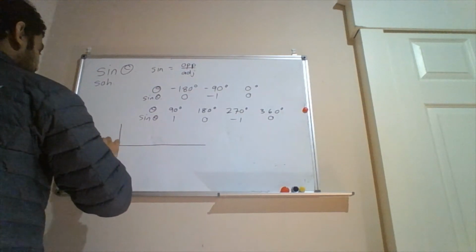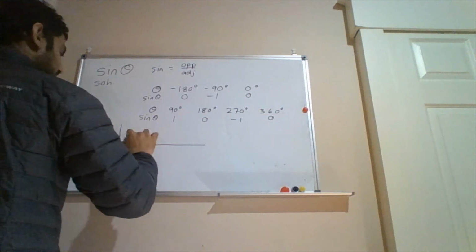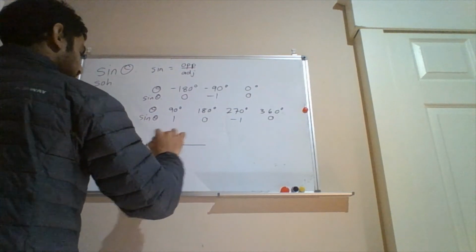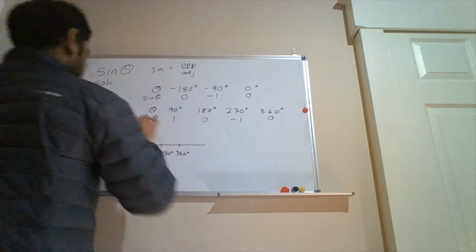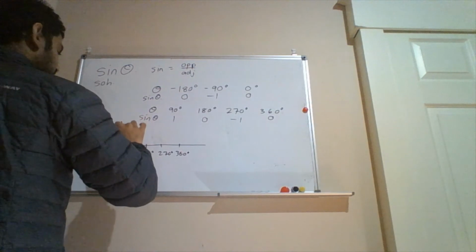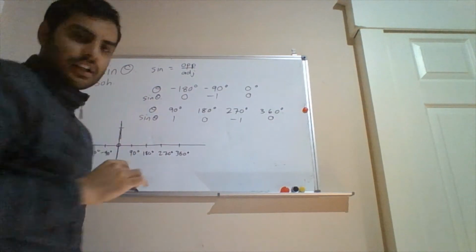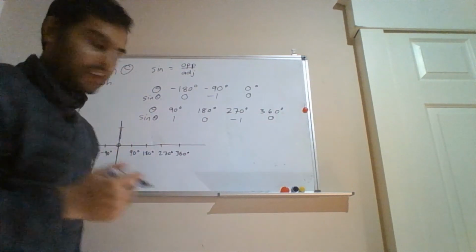So I'm going to go negative 180, negative 90, 0, 90, 180, 270, 360. And for our vertical axis, the maximum and minimum is positive 1 and negative 1 respectively.